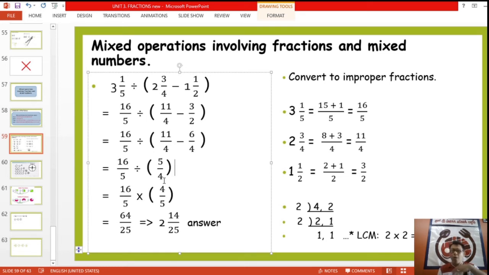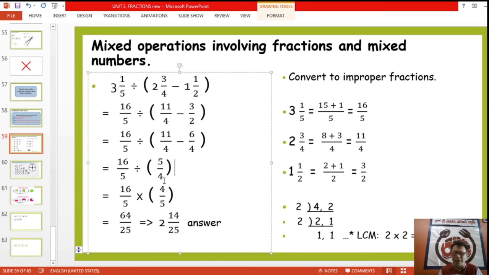So now what we have here is division. Division is left. So what we're going to do, if there's a division, simply change the mathematical operation from division into multiplication. After you change the division sign into multiplication, take the reciprocal of the divisor.